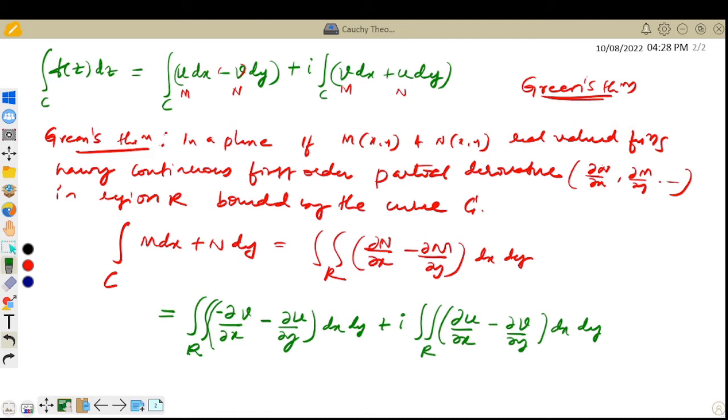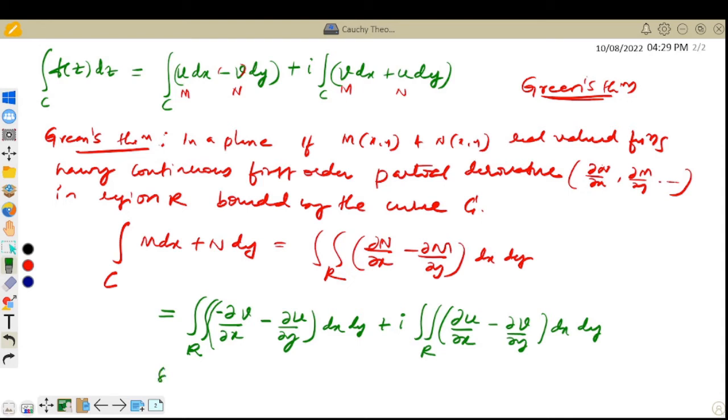Okay, further look at, after applying Green's theorem, we know that f(z) is analytic. F(z) is analytic means, you people are already aware, that it satisfies CR equations, Cauchy-Riemann equations. Let us apply Cauchy-Riemann equations for these two double integrals.